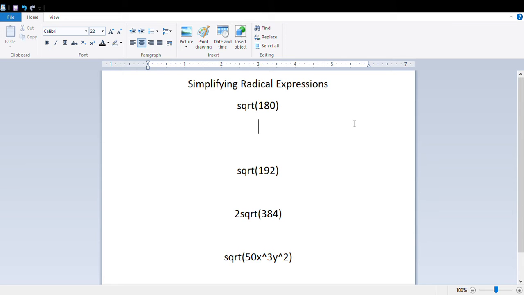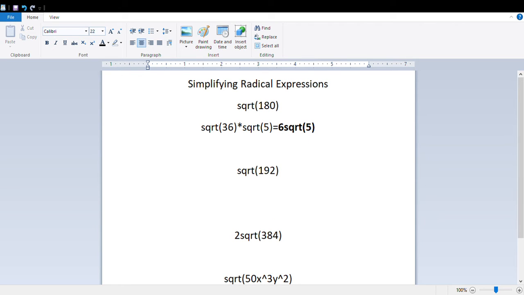So we could do sqrt 36 times the sqrt of 5, and this would equal 6, because the square root of 36 is always 6, and then 6 times the square root of 5, because you can't simplify that anymore. So this should be your answer, 6 times the square root of 5. Let's go to the next one now.